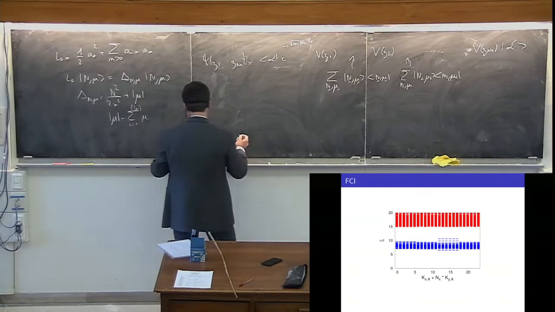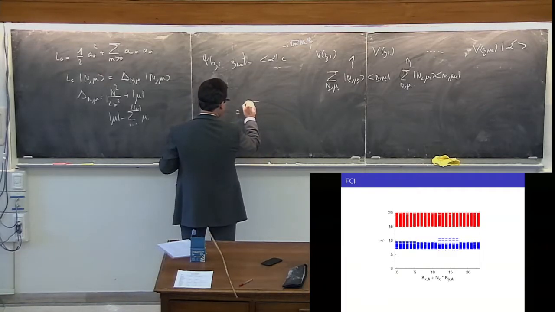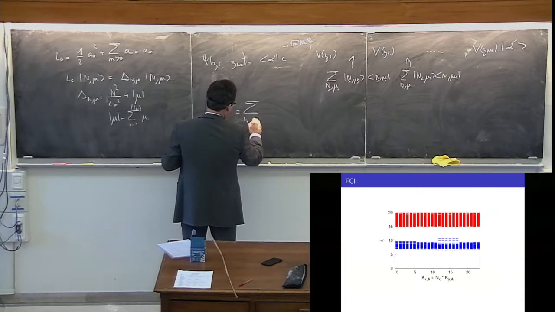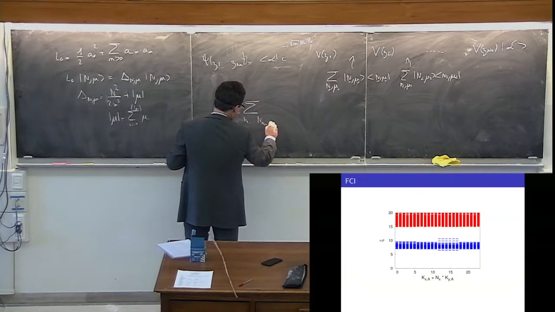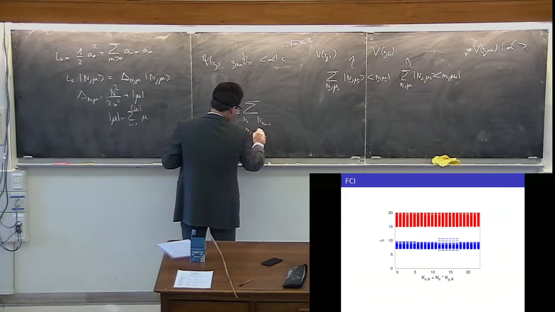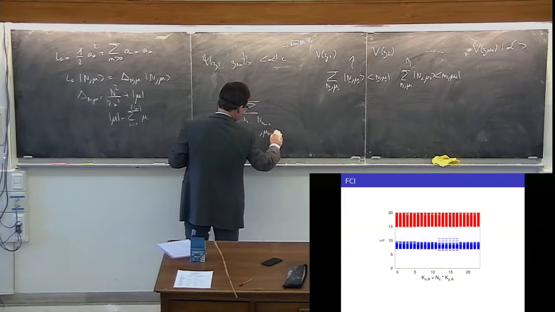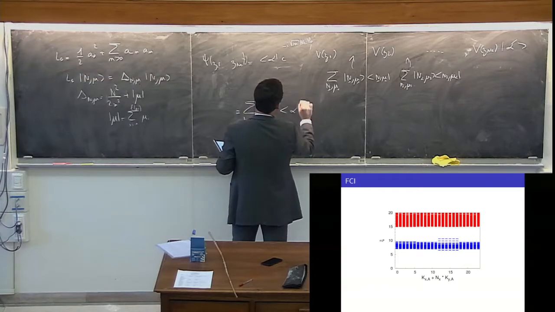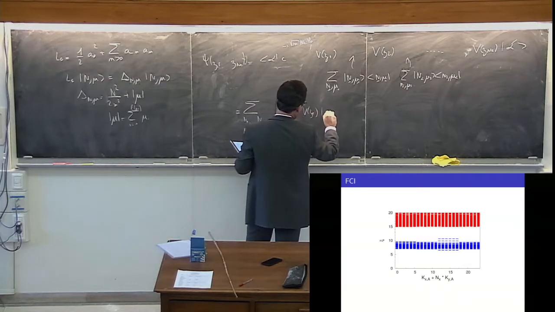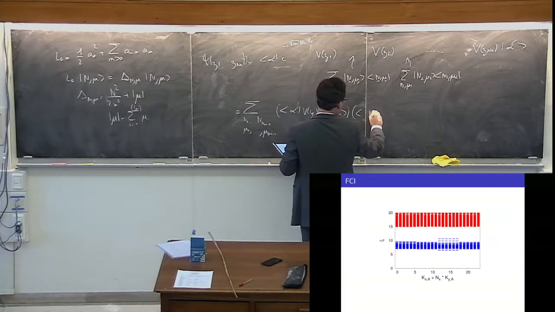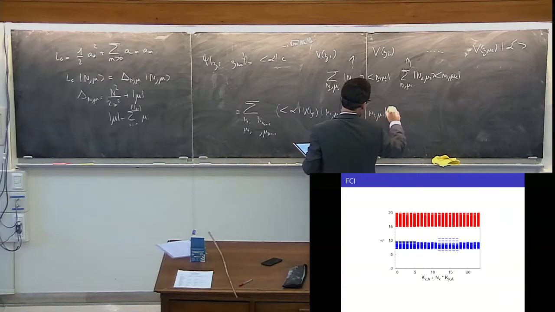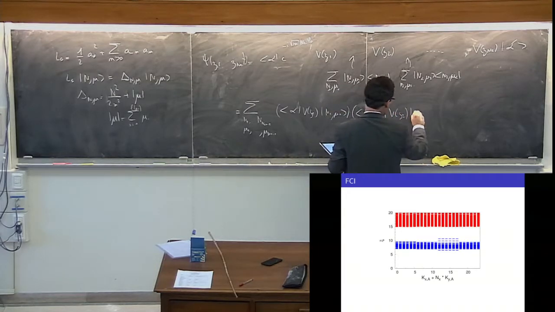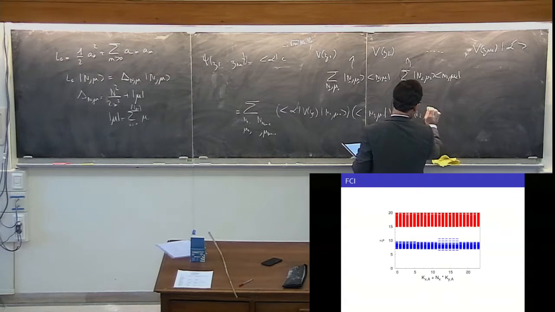Well, if you do that, what you will get something like this. You get a sum over all n1 up to n e minus 1 from mu1, all the possible partitions from mu1 to mu ne plus 1, of something like alpha, vz1, n1 mu1, n1 mu1, vz2, n2 mu2, n2 mu2, dot dot dot.